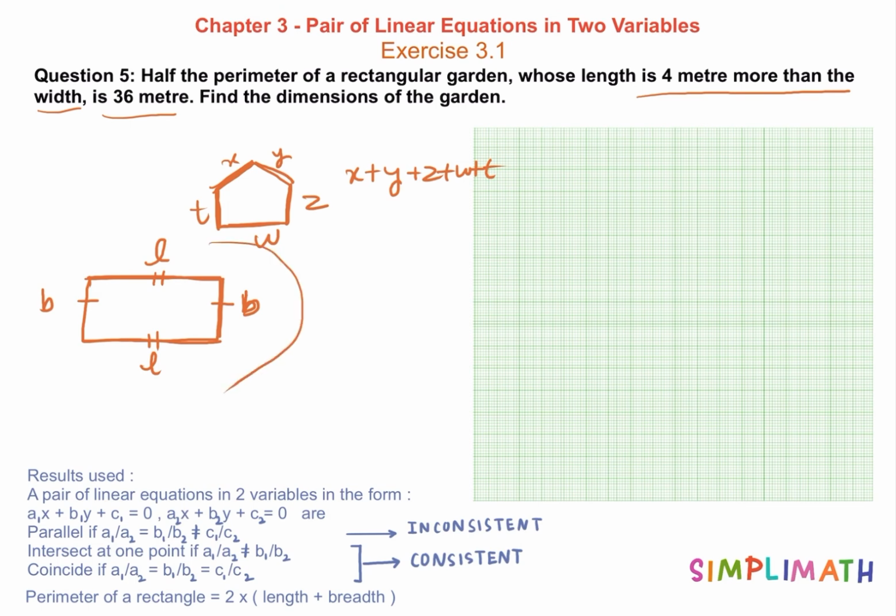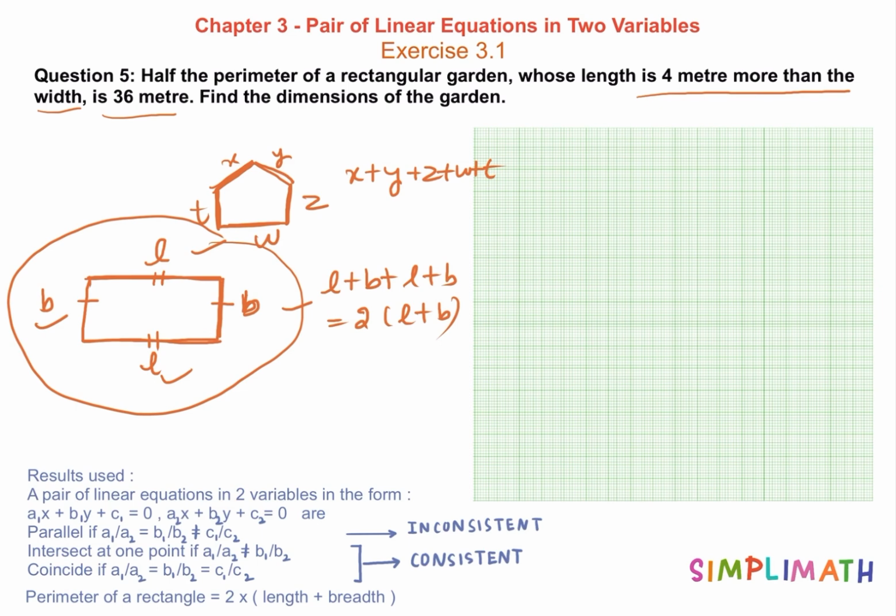Perimeter would be the sum of all these lengths. So L plus B plus L plus B, so 2 times (L plus B), which is equal to 2 into length plus breadth, right?